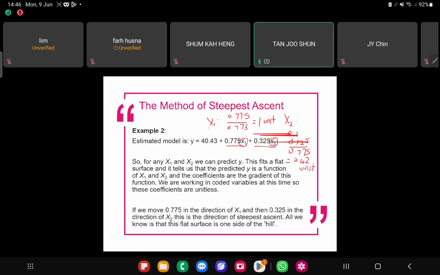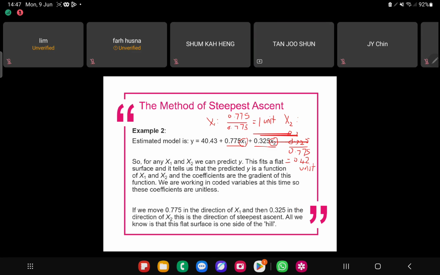Meaning when I move my factor 1 by 1 unit, my factor 2 will move 0.42 units. Remember 1 unit and 0.42 units here.